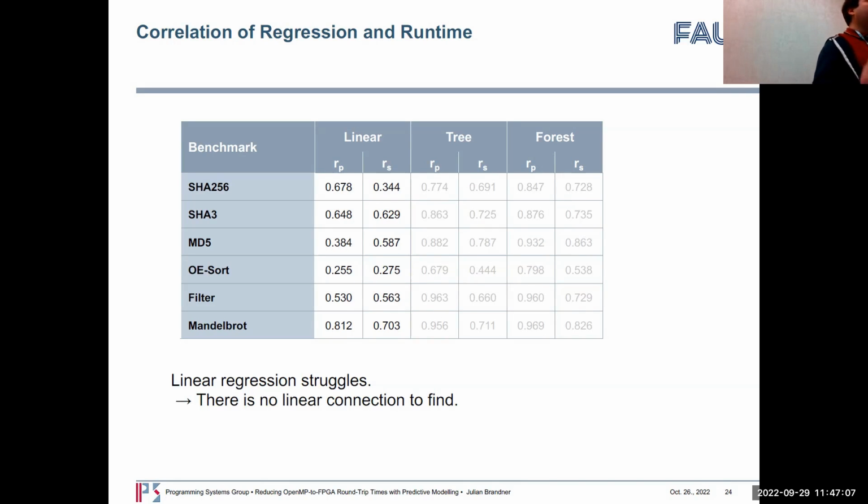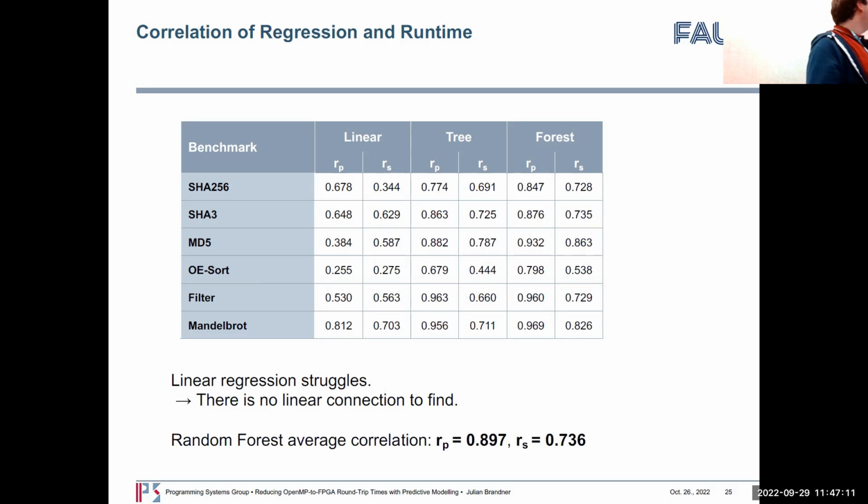On the other hand, there could be a nonlinear correlation. And well, we found that with the tree and the forest, and especially the forest did really well in predicting the hardware performance from the area usage. Average being 0.9 in Pearson correlation and 0.7 in Spearman correlation.